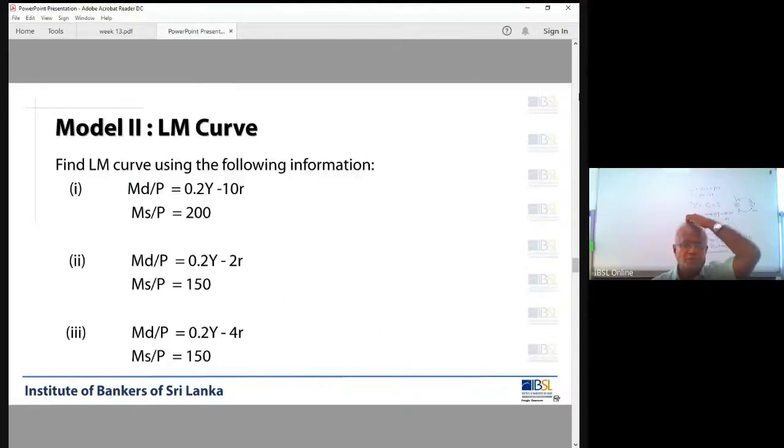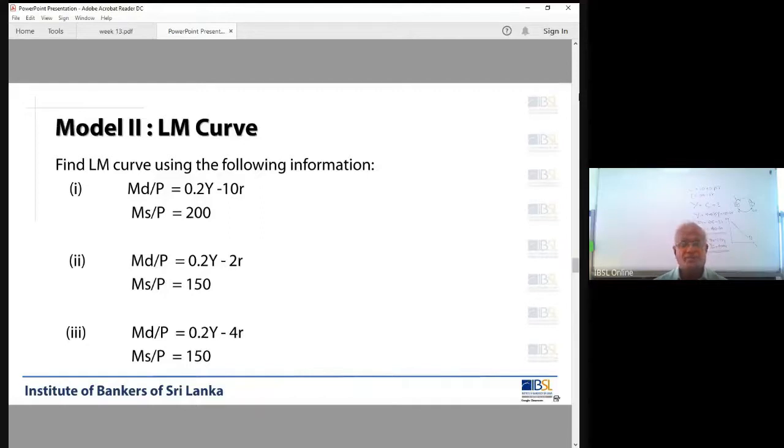Model 2, now the LM curve. Let's see, are there any typos? No. Number 1: demand for money 0.2Y minus 10R, money supply 200. Number 2: demand for money 0.2Y minus 2R, supply of money 150. Third question, now it is okay. First, can you derive the LM curve using question number 1?